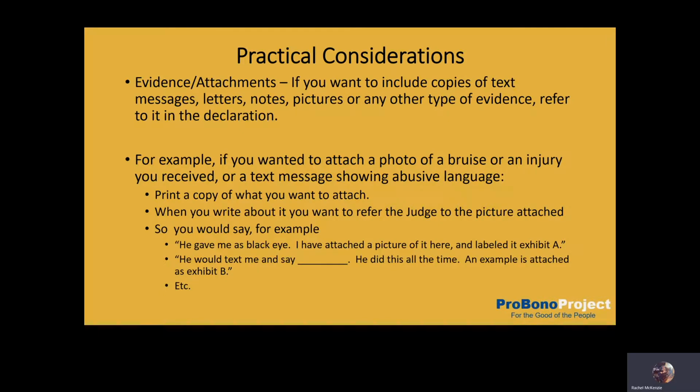If you want to attach a photo of a bruise or an injury you received, or a text message showing abusive language, you would print a copy of that photograph or of that text message. When you write in your statement about it, you would refer to it as attached. So for example, you would say something like, he gave me a black eye. I have attached a picture of it here and labeled it Exhibit A.